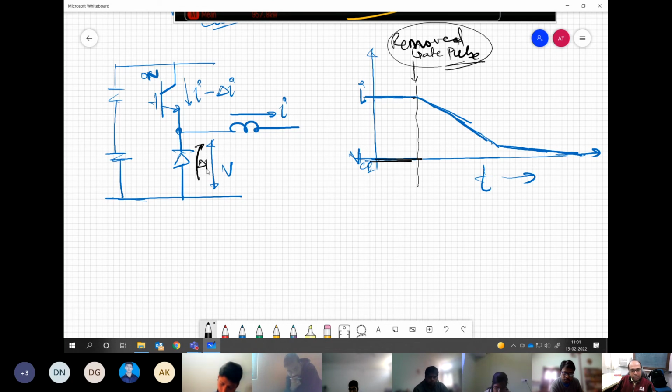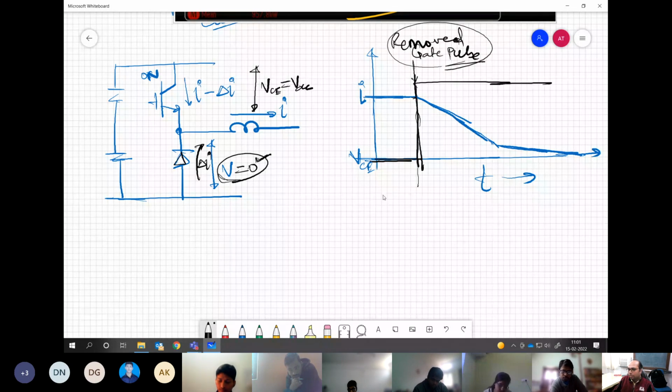The diode will start conducting the remaining delta I. And again, the condition we said just a minute back, if there is current flowing through the diode, there cannot be any voltage across it. So this voltage drops to 0 suddenly, and so the voltage VCE suddenly comes to VDC almost instantly. You understand my point? This is on account of the circuit we have over here.